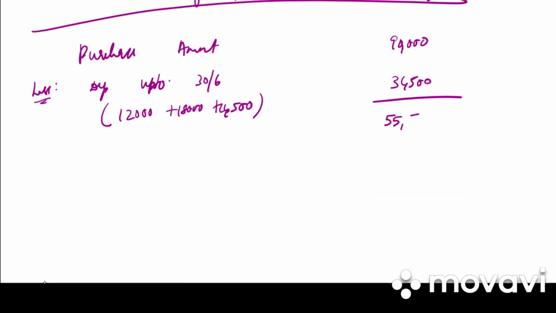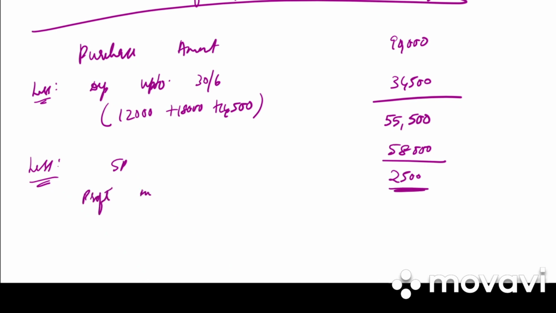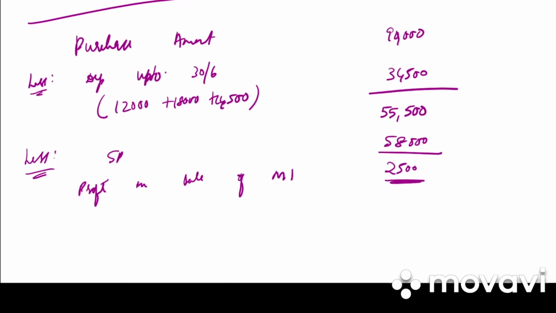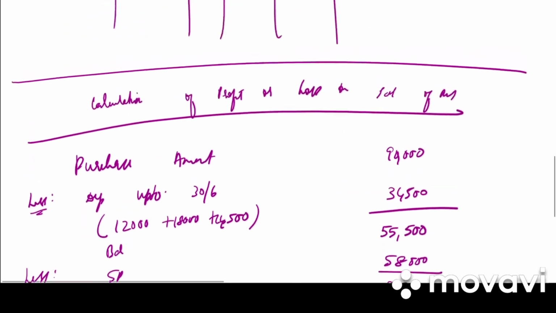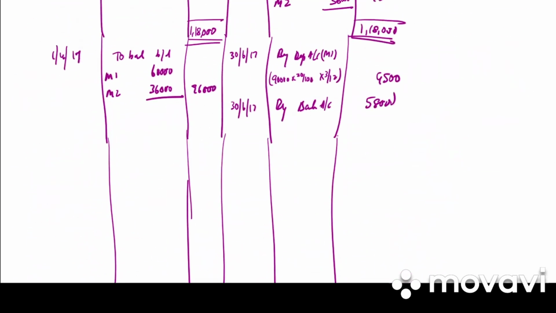We get 55,500. Less selling price is how much? 58,000. So what is the profit? It is a profit of 2,500, right? Profit on sale of machine 1. Why profit? Because the selling price is more than the balance of machinery as on 30th June. So profit will be written on which side? It is written on the credit side. So 30th June 2017, by profit and loss account, in bracket profit on sale of machine, how much is it? 2,500.